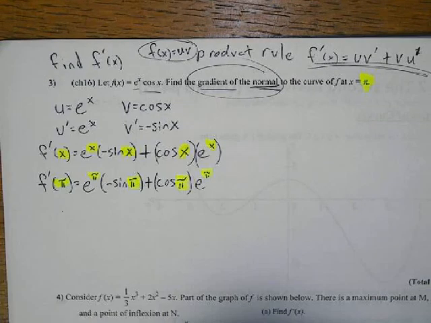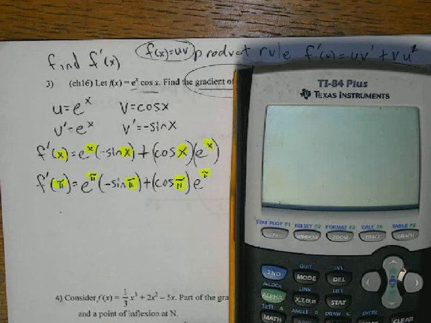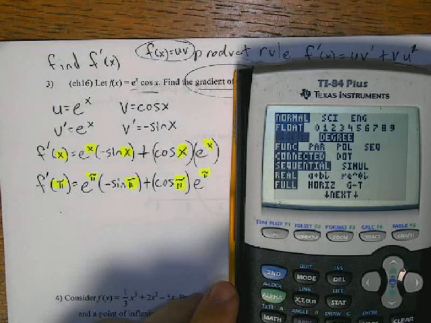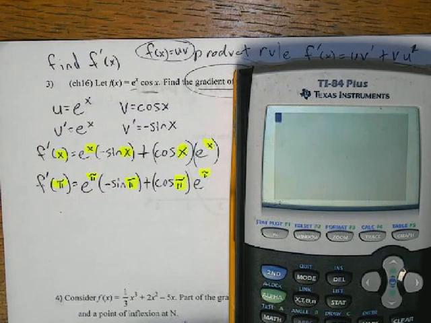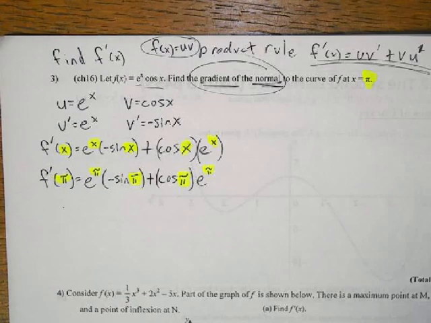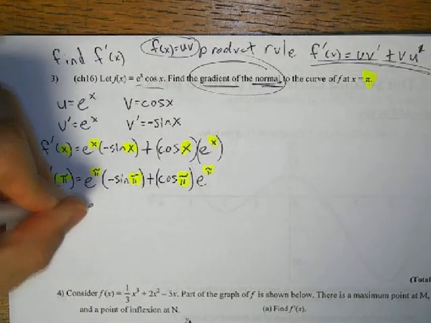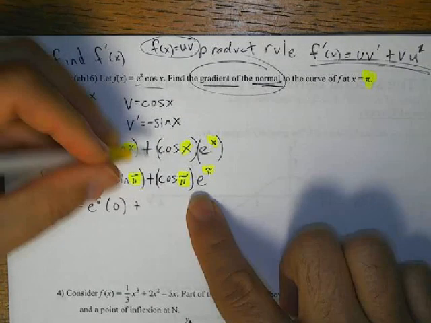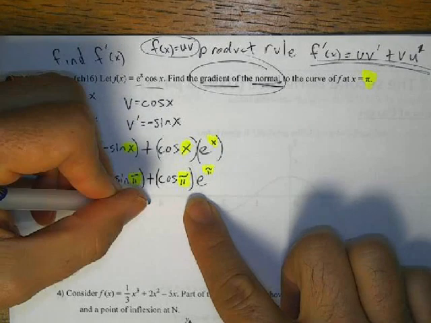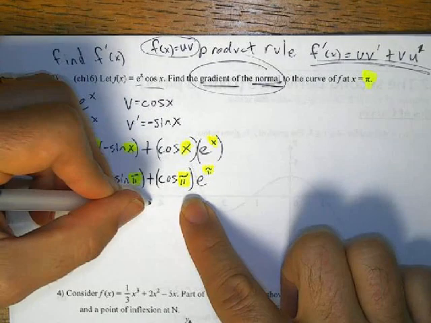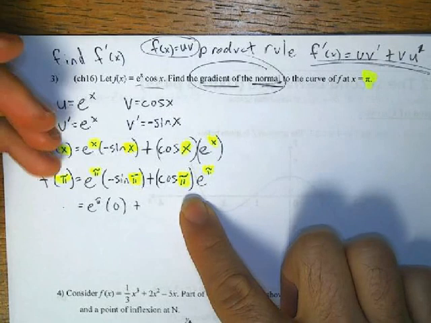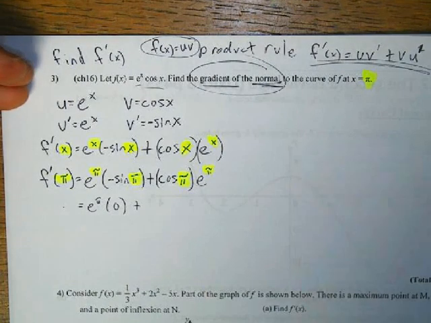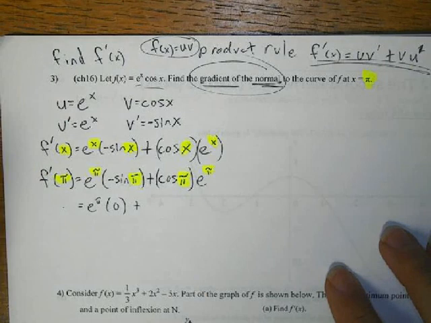Okay, now what is sine of pi? In case you forgot your unit circle, just type in sine pi, right? We know sine of pi is 0. Cosine of pi is 1.